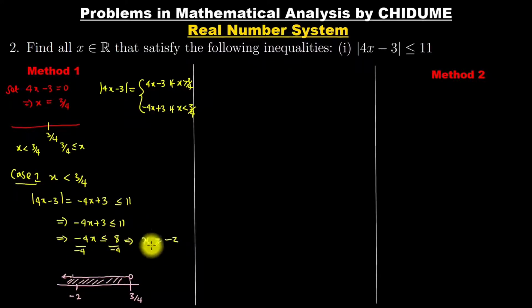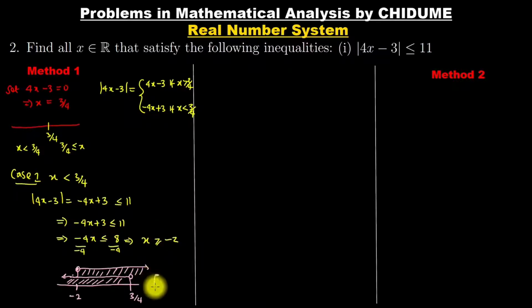Now we have another result: x is greater than or equal to negative 2. So I will shade this area and move it in this direction. If you look at the intersection of these two graphs, which is the solution set for this case, what is it?